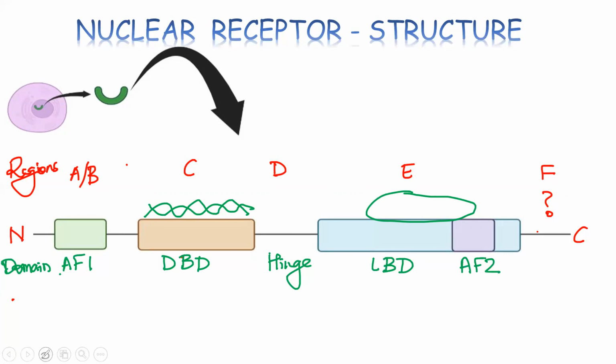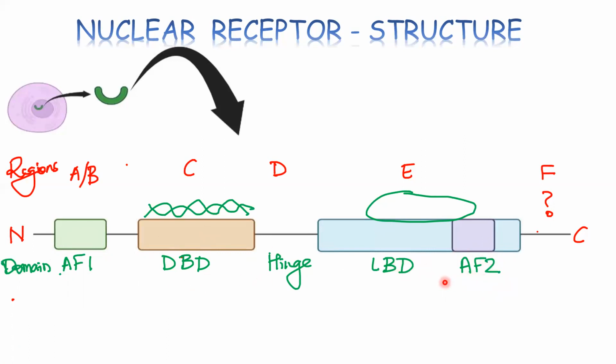Now coming to the major question: what happens at AF1 and what happens at AF2? AF1 and AF2 are both called activation domains. AF1 is the ligand independent activation domain and AF2 is the ligand dependent activation domain.